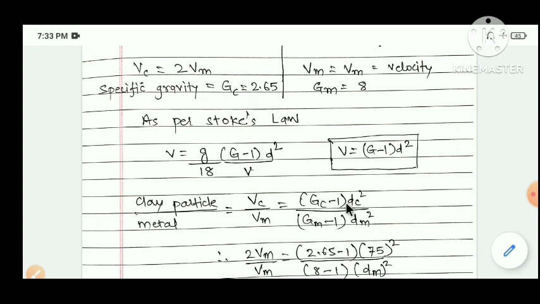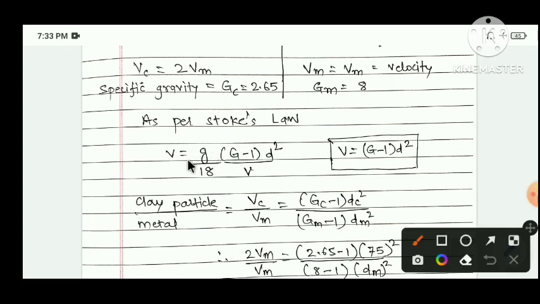If we compare all the parameters for the clay particle and the metal particle, the gravitational acceleration is the same, so it will be removed, 18 will be removed, and kinematic viscosity is similar, so it will be removed. The only part remaining will be V proportional to (G − 1) d². We have to deal with just this much.